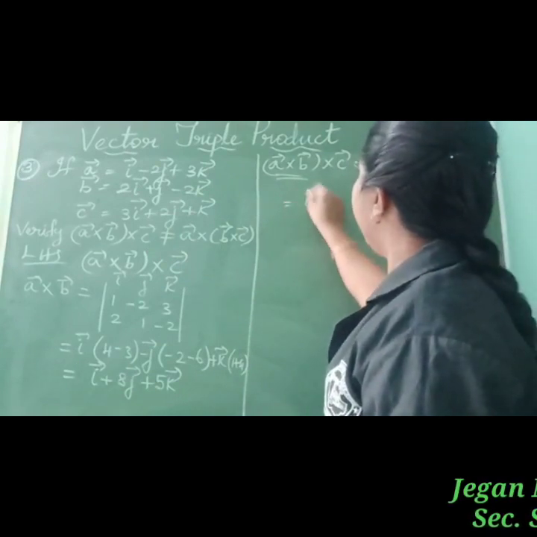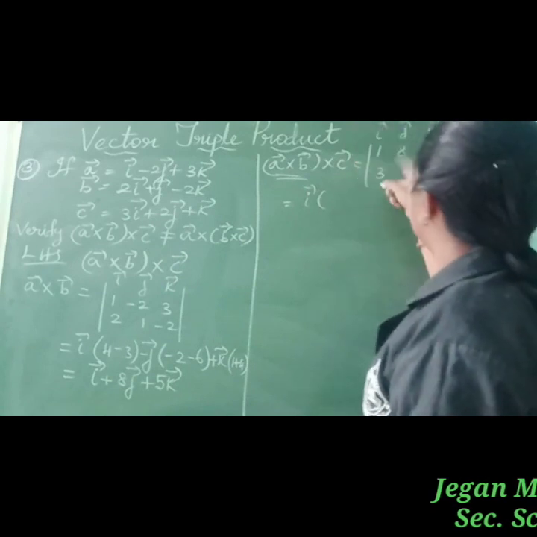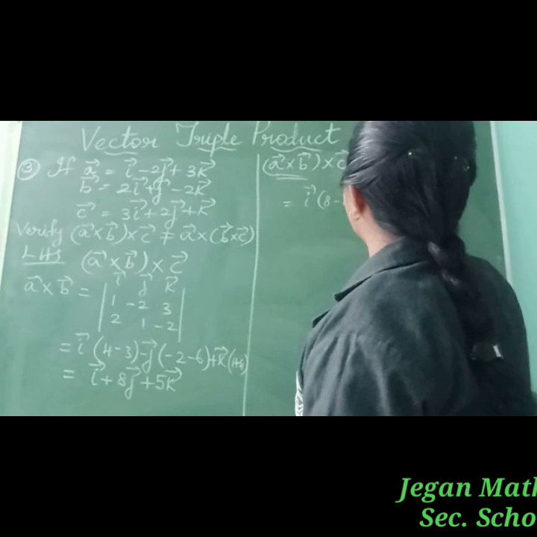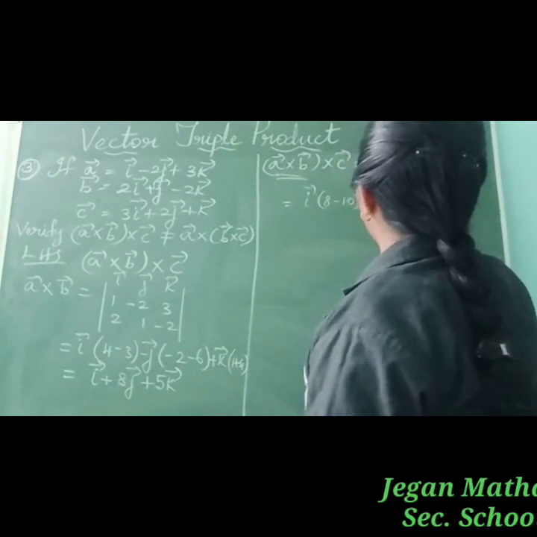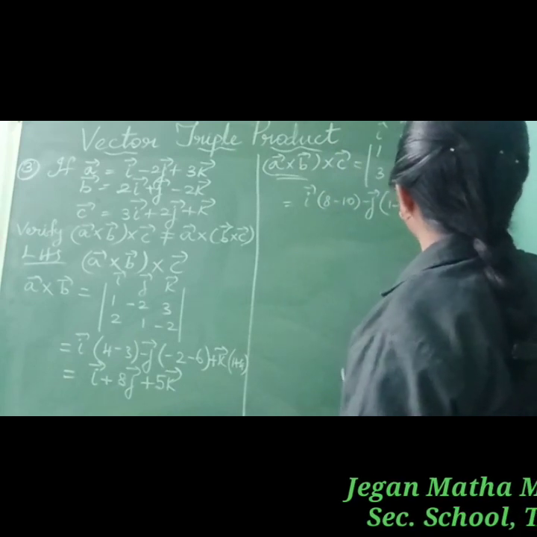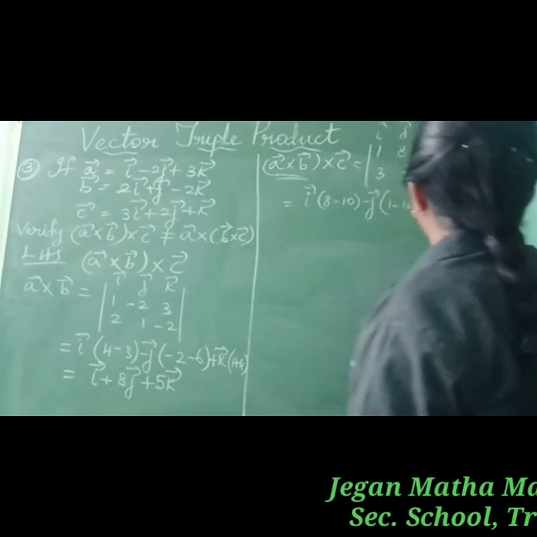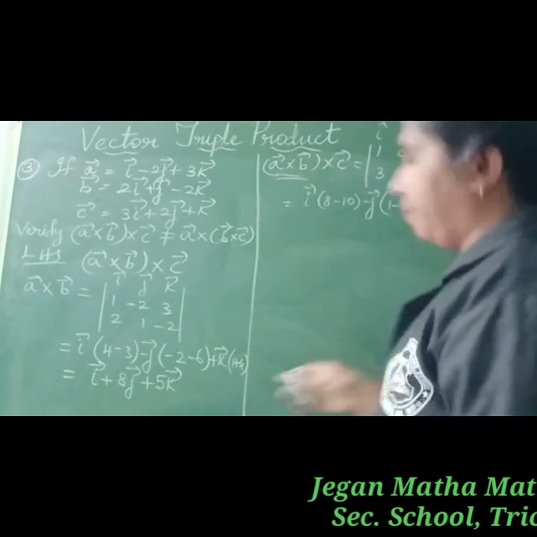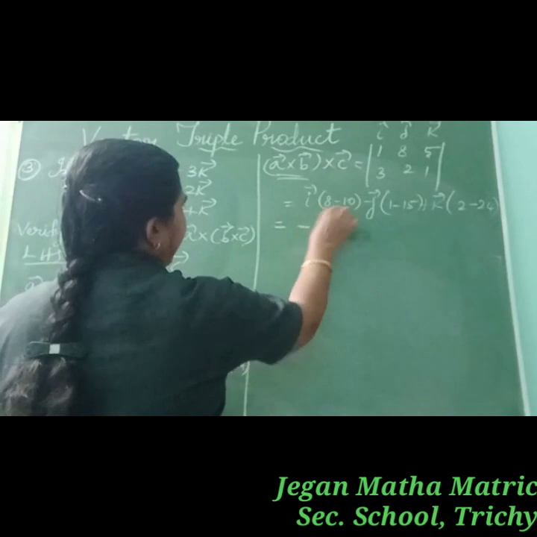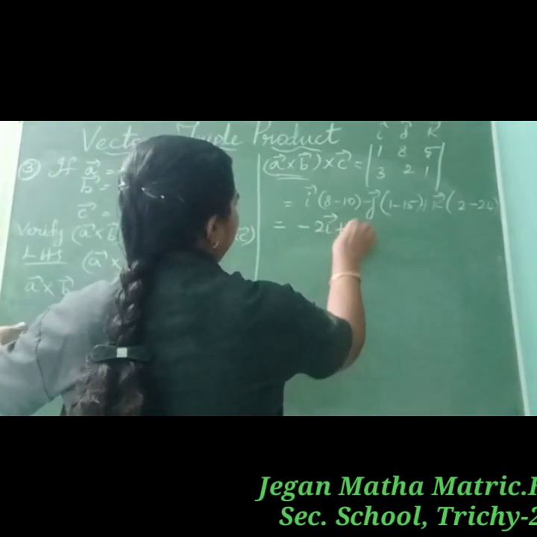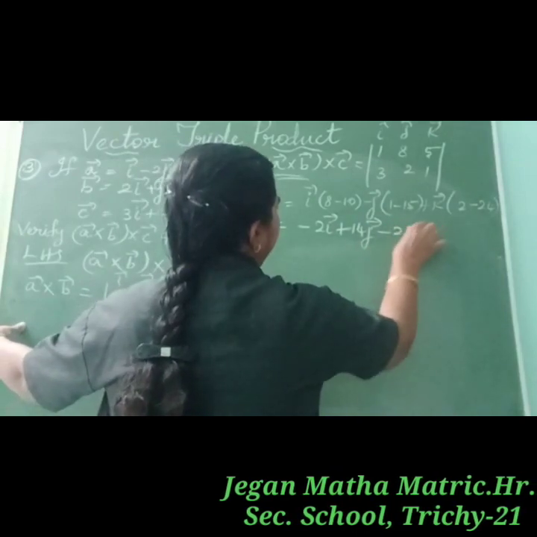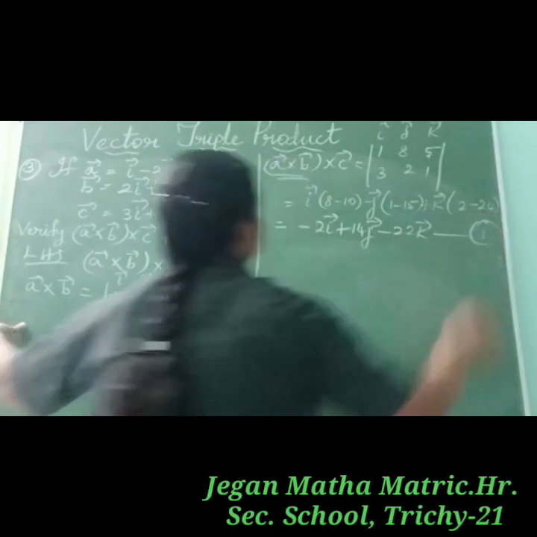When I expand, I vector into 8 minus 10, minus J vector into 1 minus 15, plus K vector into 2 minus 24. When you subtract, minus 2I plus 14J minus 22K. This is the first equation.